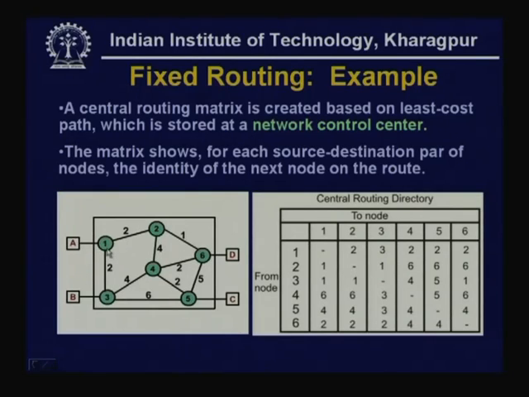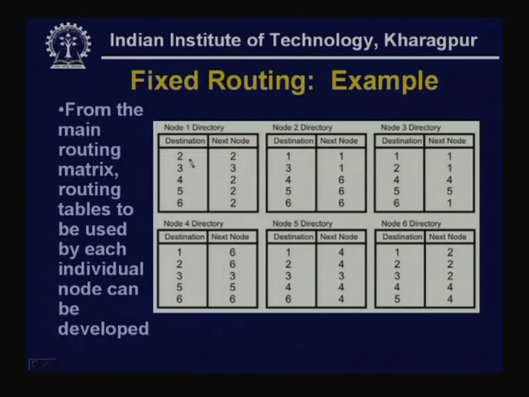Essentially, for a given destination, the next node to which it has to be forwarded is stored in this directory. That means, if the destination is 2, the next node to be forwarded to is 2. If the destination is 3, then the next node to be forwarded to is 3.